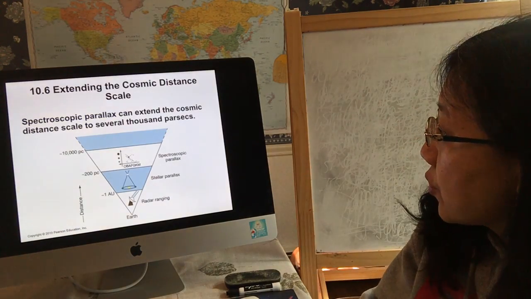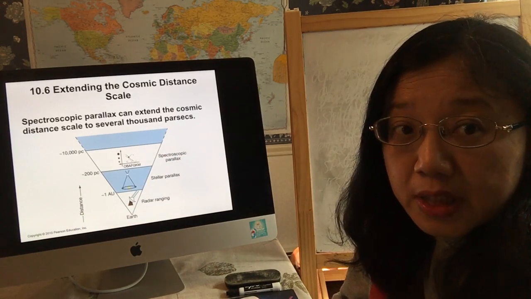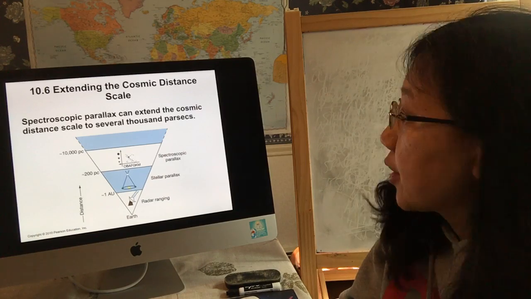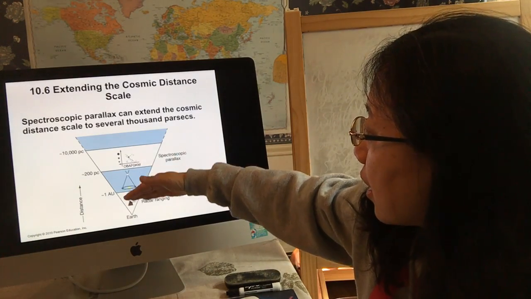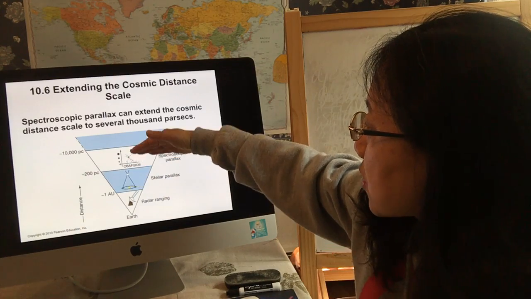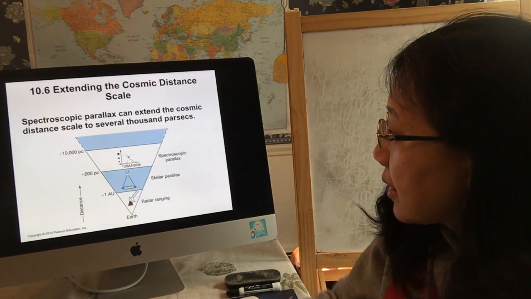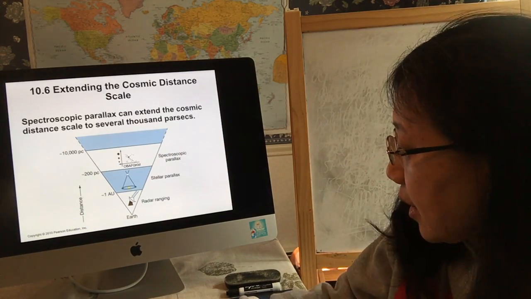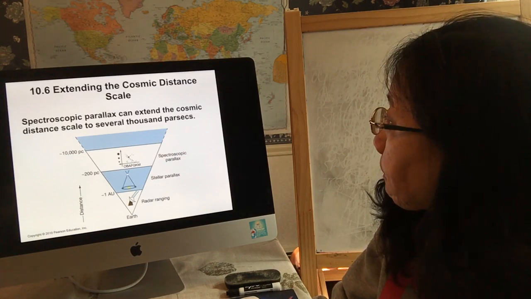This diagram shows you different kinds of methods for different kinds of distances. We talk about radar, stellar parallax, and spectroscopic parallax, and for different distances, you're going to use a different method to find out how far each object is away from us.